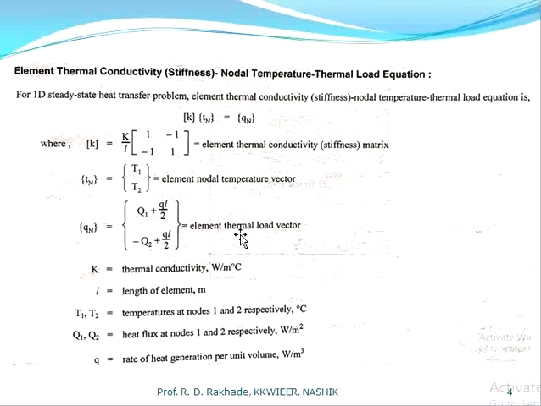Then the element thermal load vector. Q1 and Q2 are the heat flux at node 1 and node 2. QL by 2, where Q is small q, the rate of heat generation per unit volume. This second term is used for heat generation at node 1 and at node 2. In this way we define element thermal conductivity matrix, temperature vector and load vector.